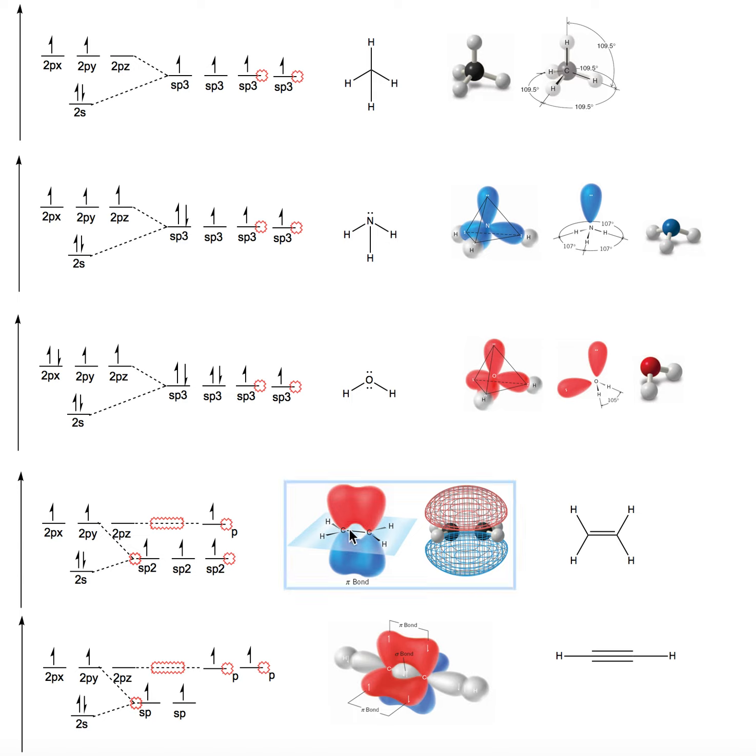The three sigma bonds for this carbon will be done using sp2 hybrid orbitals, and the angle between the sigma and the pi is 90 degrees. And if you have a carbon with a triple bond, two of these bonds will be pi, so two p orbitals are used for these two pi bonds, and we can only combine one s and one p, so that's sp hybridization. So two sp hybrid orbitals and two p orbitals for the two pi bonds. So I hope this helps, and thank you.